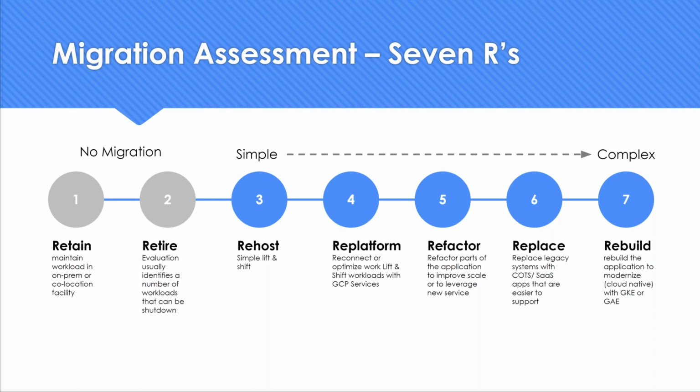And option number 7 is the ultimate thing. You totally revamp, build a new system with all the cloud native solutions. You are using a data warehouse, instead of that you use BigQuery. You have no machine learning in on-premise, but you bring in machine learning, you bring in streaming data, whatever modern option you want, you can do it.